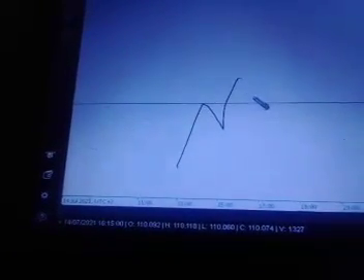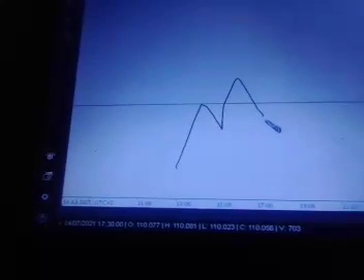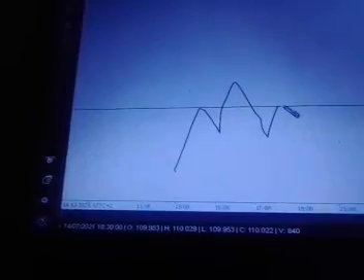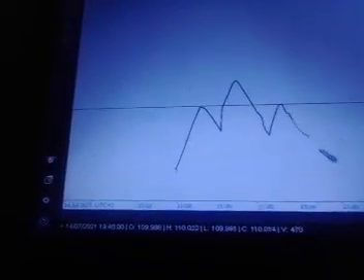The market comes back again, breaks the level again, then the market comes back to the same level, and from this point the market drops.